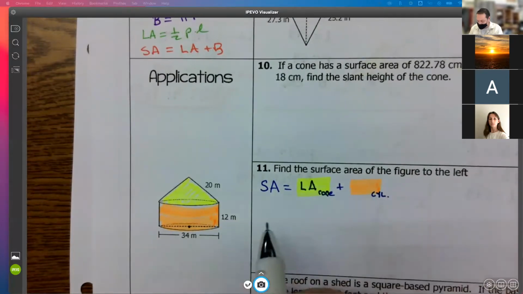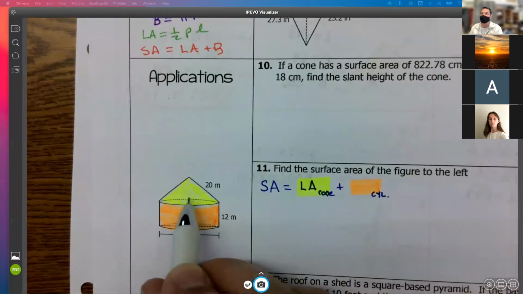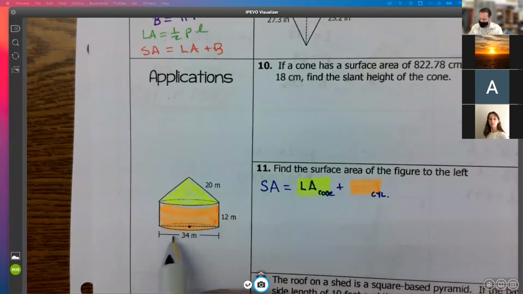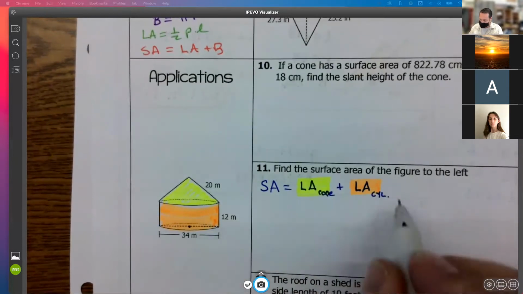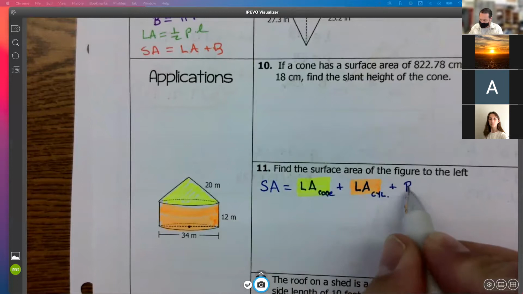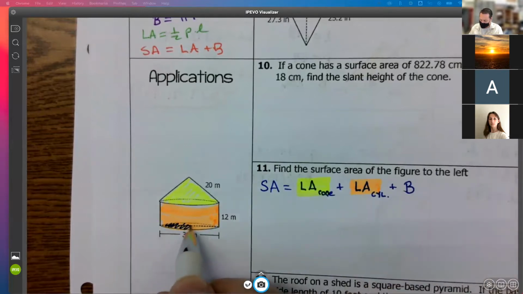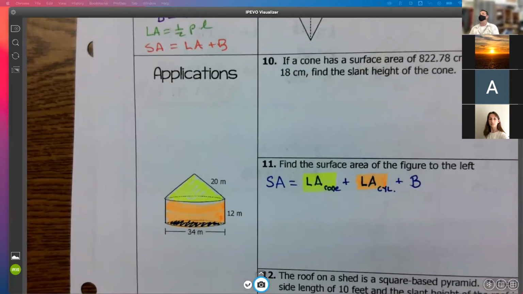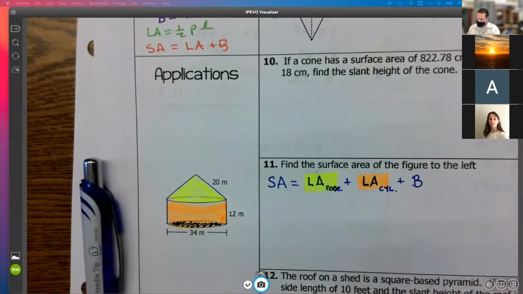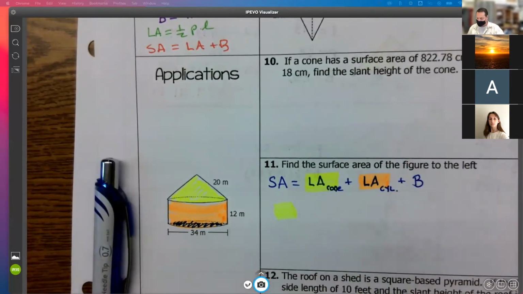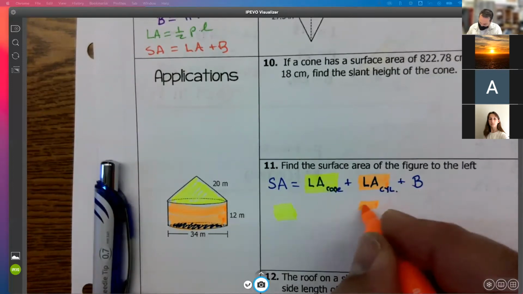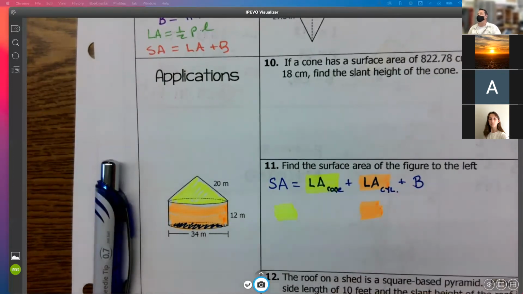I think it's kind of halfway in between. We don't want the lid, do we? We do want the bottom. But I think it's easier to say, let's get the lateral area of that cylinder and then add on one base. Right? One circle area. And I like setting this up in this three component system. So then you can go about solving each component separately, keeping nice track of them, and then you can combine them.